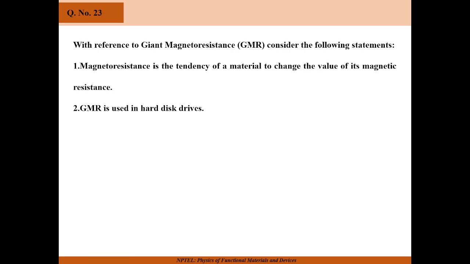With reference to GMR, consider the following statements. Magnetoresistance is the tendency of a magnetic material to change the value of its electrical resistance. GMR is used in hard disk drives. Which of them is a correct statement? Who has got the answer correct?